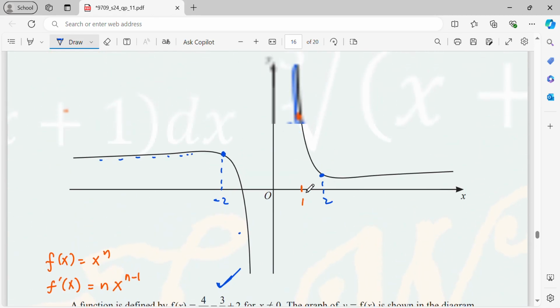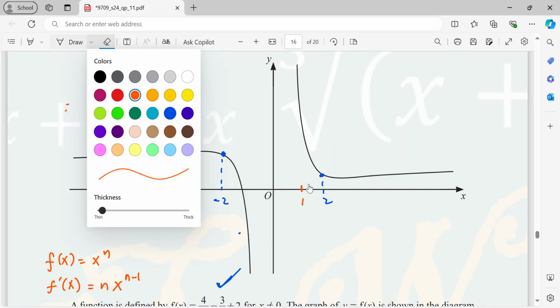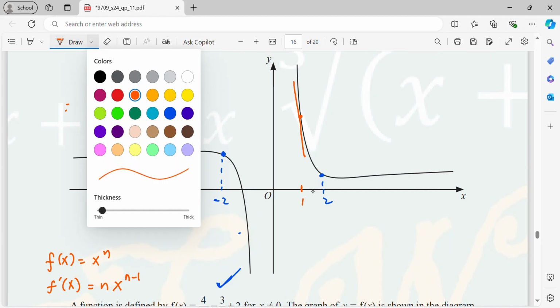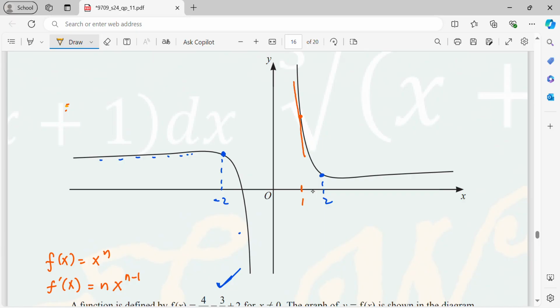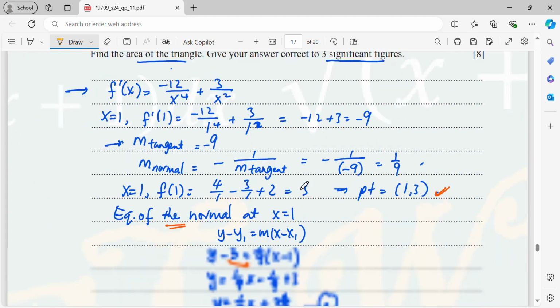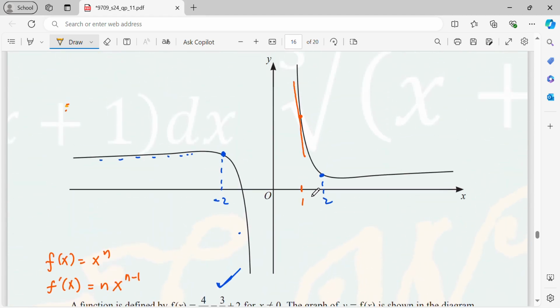So, for your information, a tangent line means it just touches at one point, right? Probably my diagram, my tangent graph is not very accurate. This is my tangent line, it just touches. The normal line is perpendicular to the tangent line. That means here is my normal line, just an example.